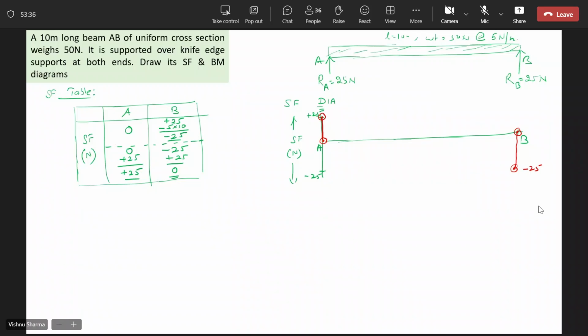It's basically because of the weight of the beam. And the weight of the beam is changing uniformly with its length. Therefore, yesterday we discussed plus 25 and minus 25 will be joined with a straight line. Correct, beta? Yes or no? Am I right? Yes, sir. And this red one is the SF diagram of the beam.